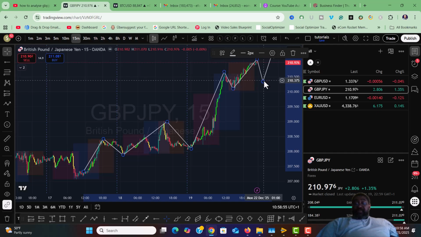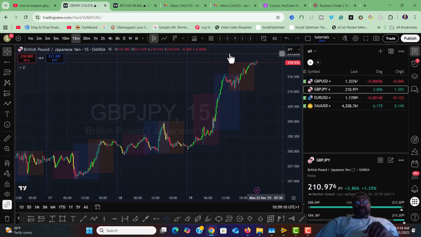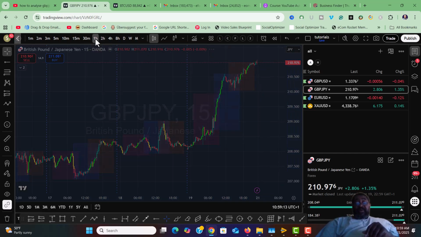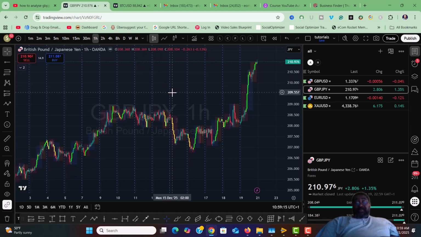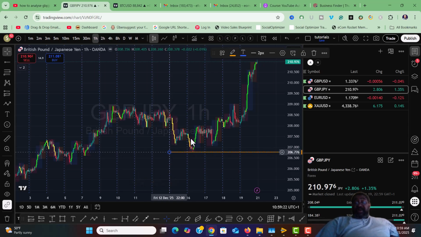Even though the market breaks this low, I will still be waiting for the market to align for buy. If I go to 1 hour, see this low here? Till the market takes out this low and then pushes up, that is where I will be taking a sell.